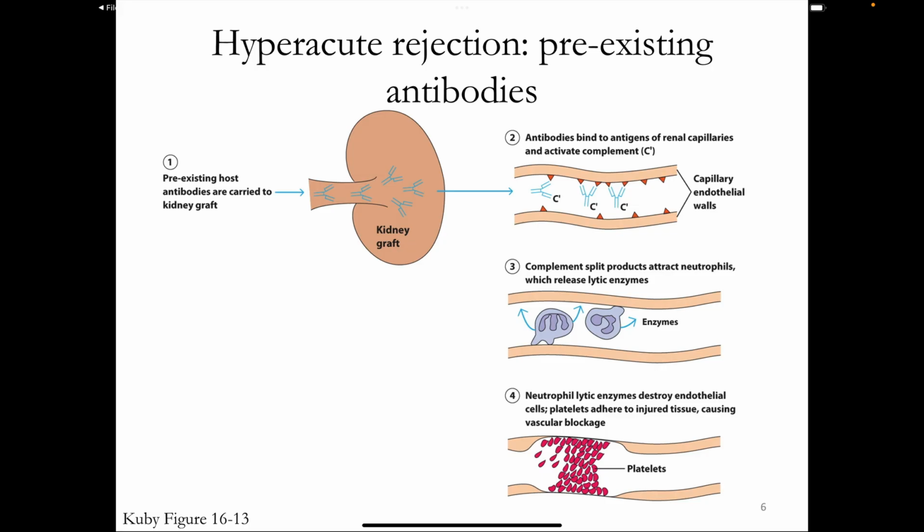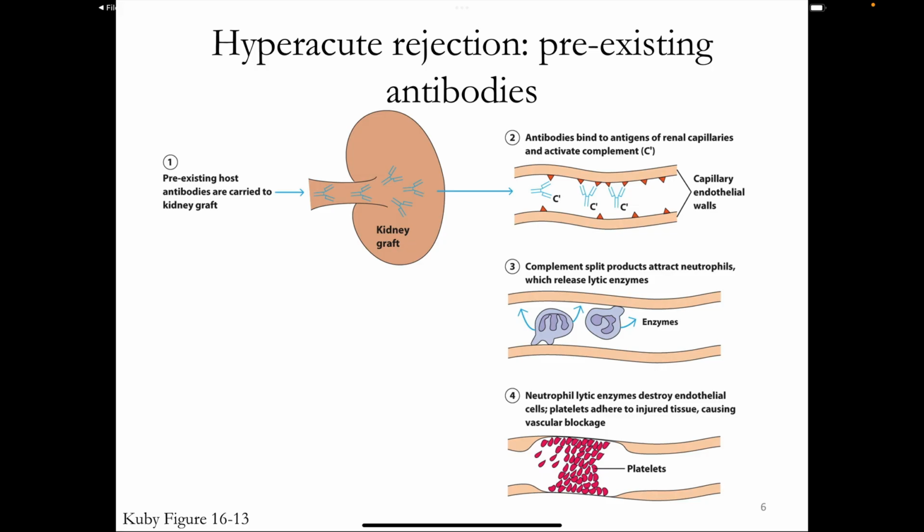With either a hyperacute rejection response or a type 2 hypersensitivity response, we have antigens on the surface of cells. Basically, these IgG antibodies are binding to their antigen on the surface of cells, and then the cells are getting killed.